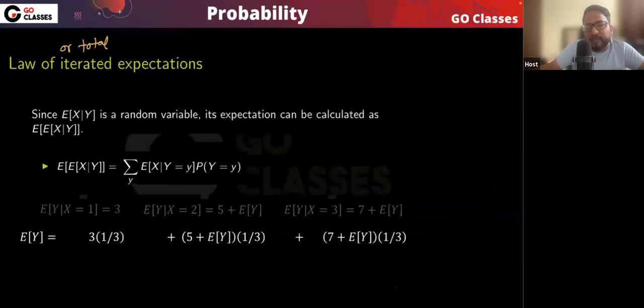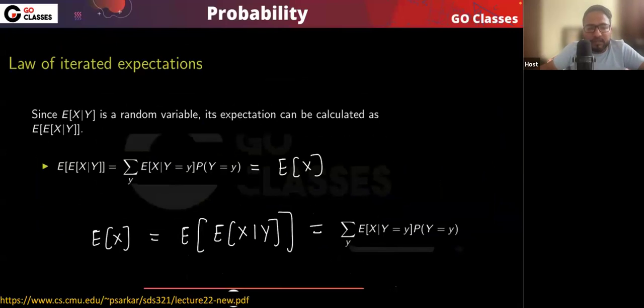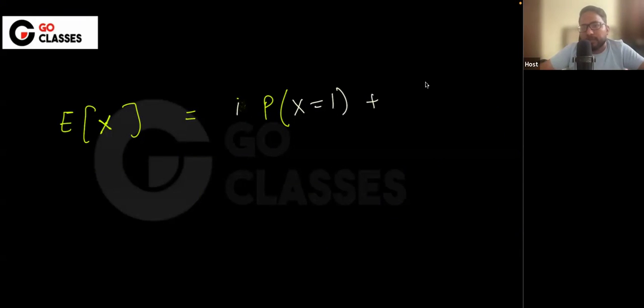Expectation of any quantity is nothing but whatever the quantity is, let's suppose this is x for simplicity, into probability of x being 1, plus if x is 2, then probability of x is 2, like this, right?